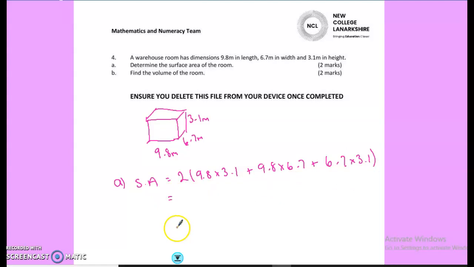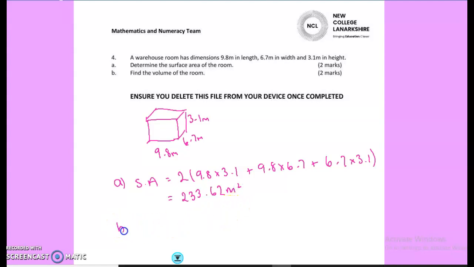Type that into your calculator. 9.8 times 3.1 plus 9.8 times 6.7 plus 6.7 times 3.1, double it, I get 233.62, not centimetres, I always want to write centimetres, metres squared.